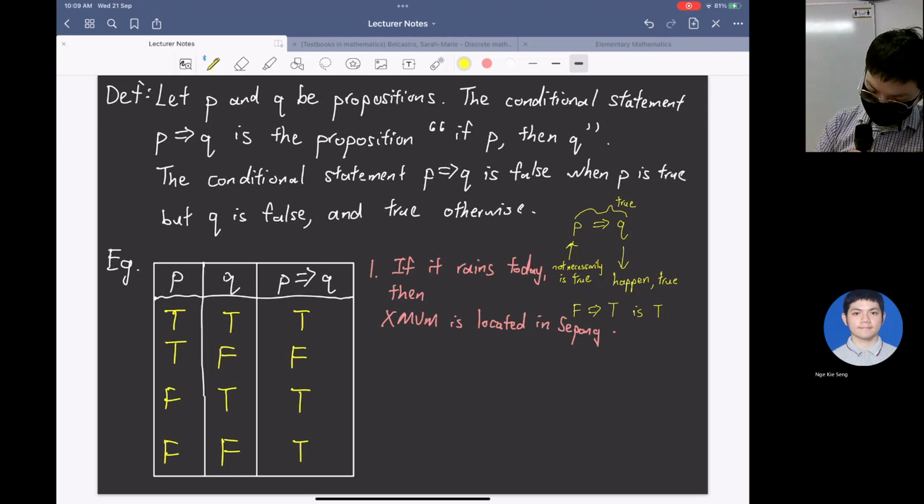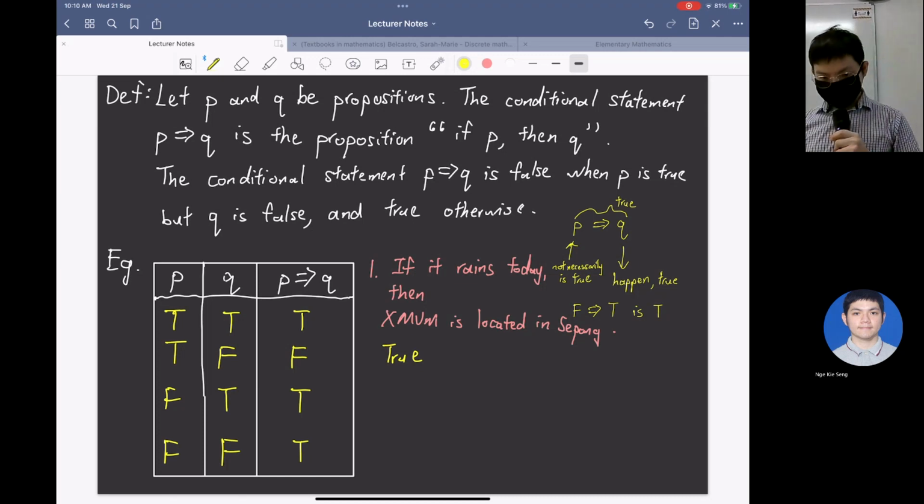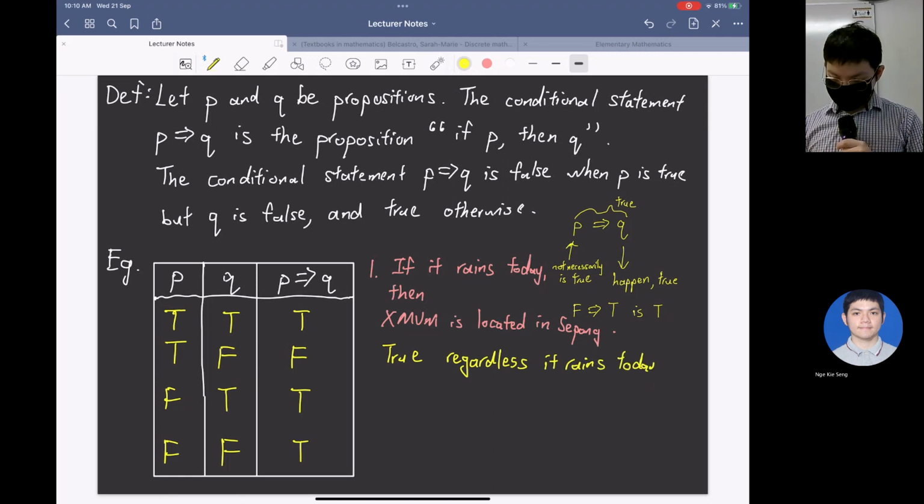Why? Oh, true. Why is it true? Either it rains or not, there's a place for people. Yes, that's right. I don't care if it rains or not. So it's true regardless of whether it rains or not. Okay, good.